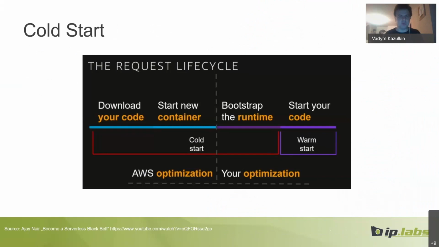Probably everybody knows what a cold start is, but generally speaking, the code for the function has to be downloaded, and then the container, the environment, and it's not a Docker container in AWS, it's Firecracker, should be started, and then your runtime should be bootstrapped. If you've selected the Java runtime, that's a JVM, and so on.